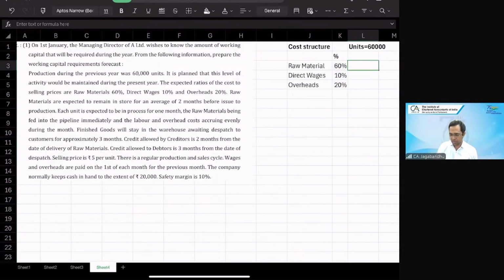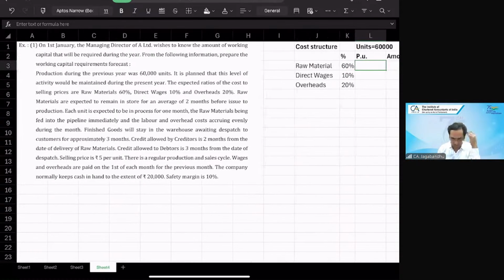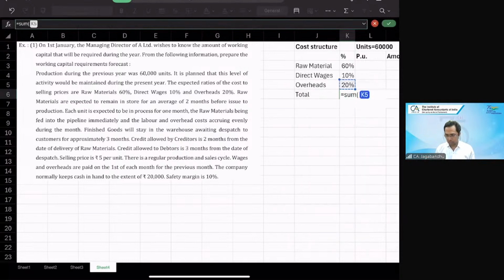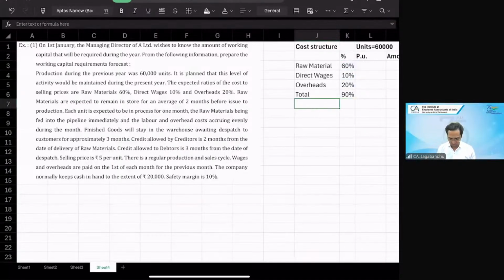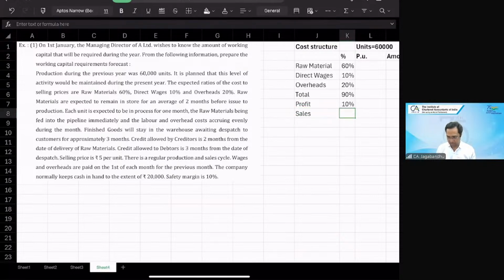Based on these percentages, now we have the per unit, and then we'll of course take the amount. Per unit, raw material is 60% of the selling price. Totaling, this was 90%, and of course we had the profit of 10%. So we have the sales figure as 100%.